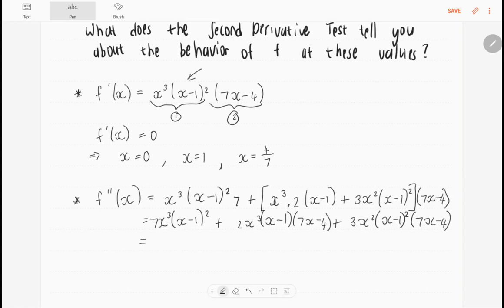I'm going to take out a common factor from all of these terms of x squared multiplied by x minus 1. And then I have 7x multiplied by x minus 1 plus 2x multiplied by 7x minus 4 plus 3 x minus 1 multiplied by 7x minus 4.